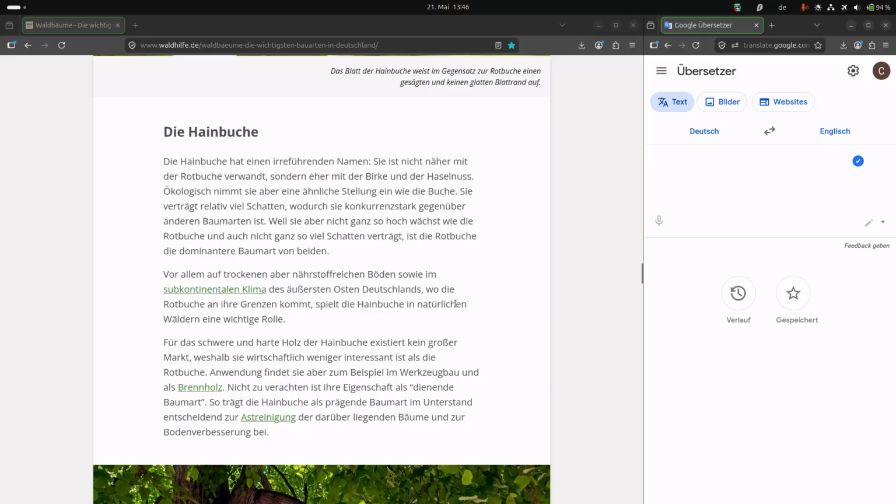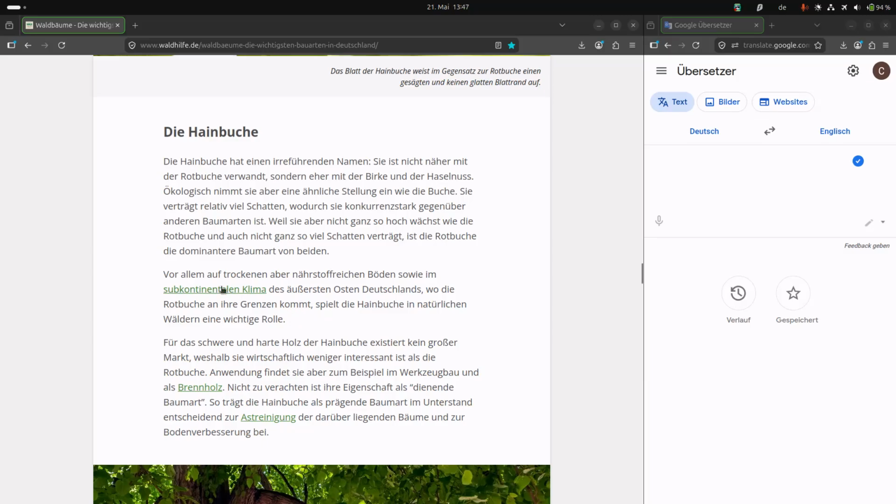Spielt die Hainbuche in natürlichen Wäldern eine wichtige Rolle? Spielt, plays, the Hainbuche, hornbeam, in natürlichen, natural, or original, but rather natural, Wäldern, forests, eine wichtige, important, feminine form, Rolle, because Rolle is feminine, die Rolle.